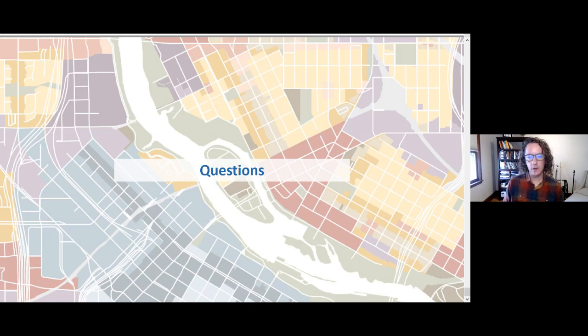And that there's more of a clear-cut transactional arrangement here where you provide TDM strategies in exchange for getting an approval, and those strategies might be limiting your vehicle parking or having a transit fare subsidy or improving the pedestrian environment around your project.